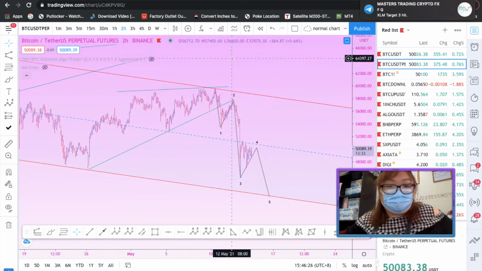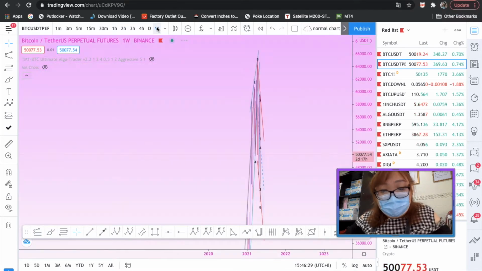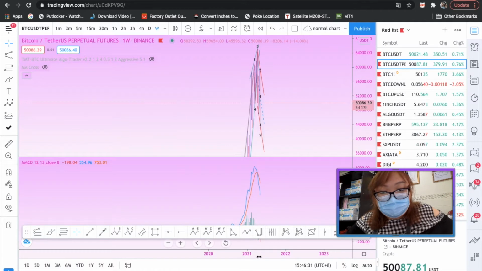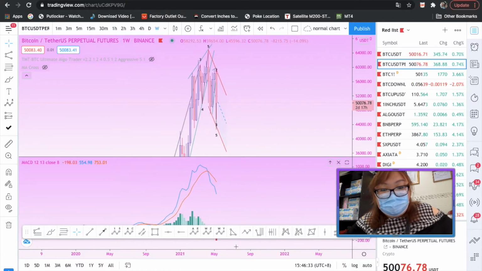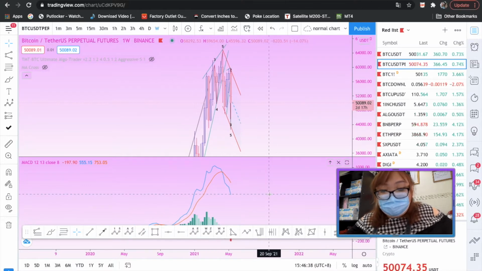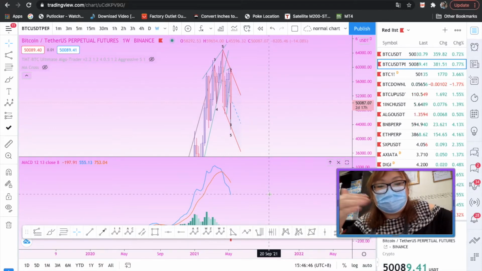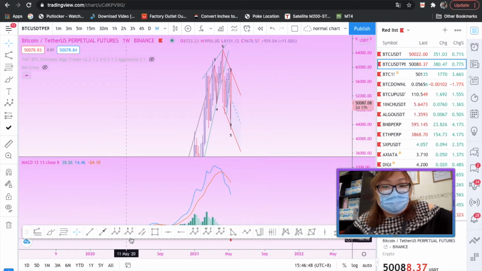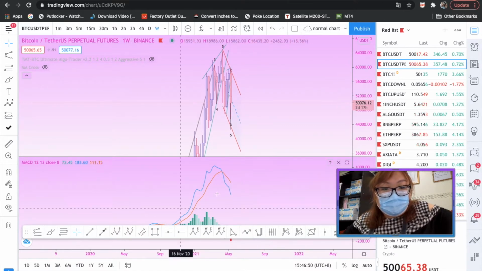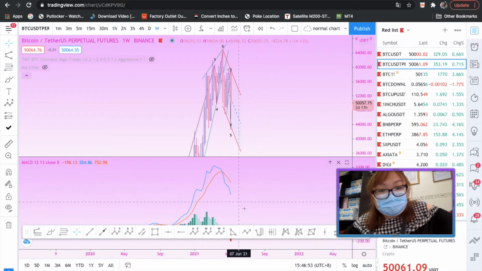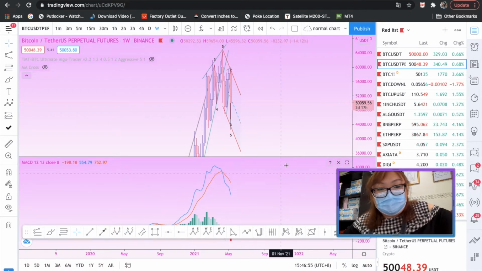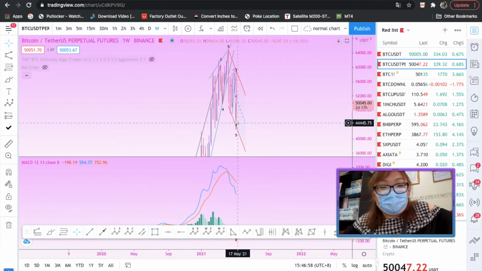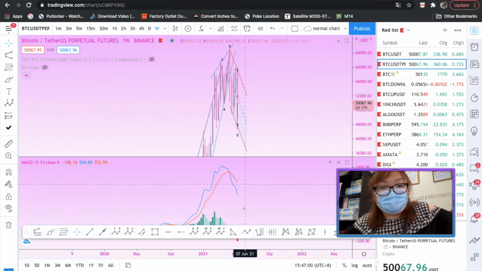Now I want to talk about how the market tells me that it's going to go down. First of all, we take a look at the weekly time frame here. You see that the MACD has already crossed down, so it indicates the market is trying to correct. If the market crosses back up, which is going to take a lot of weeks, in my opinion the correction isn't done here.